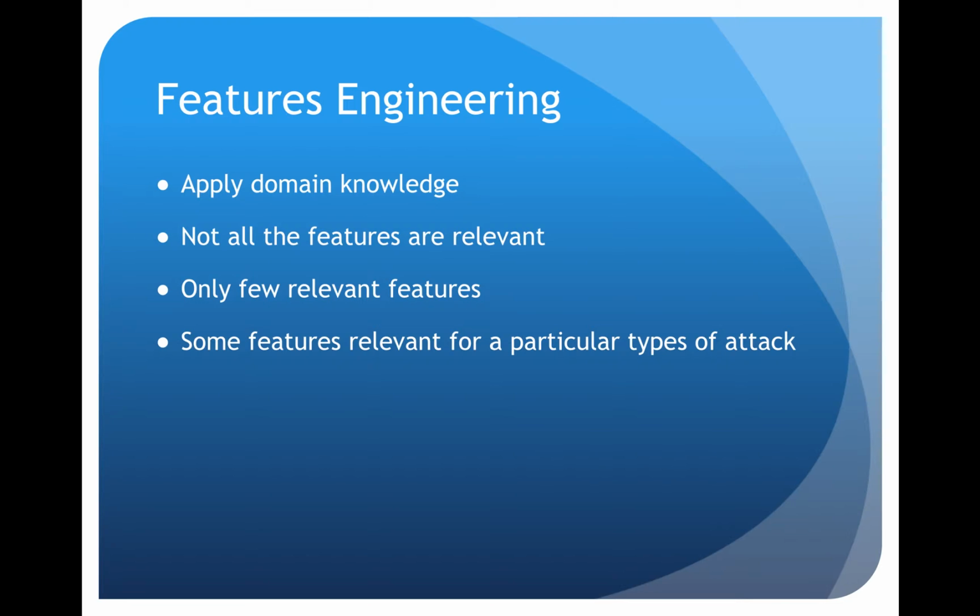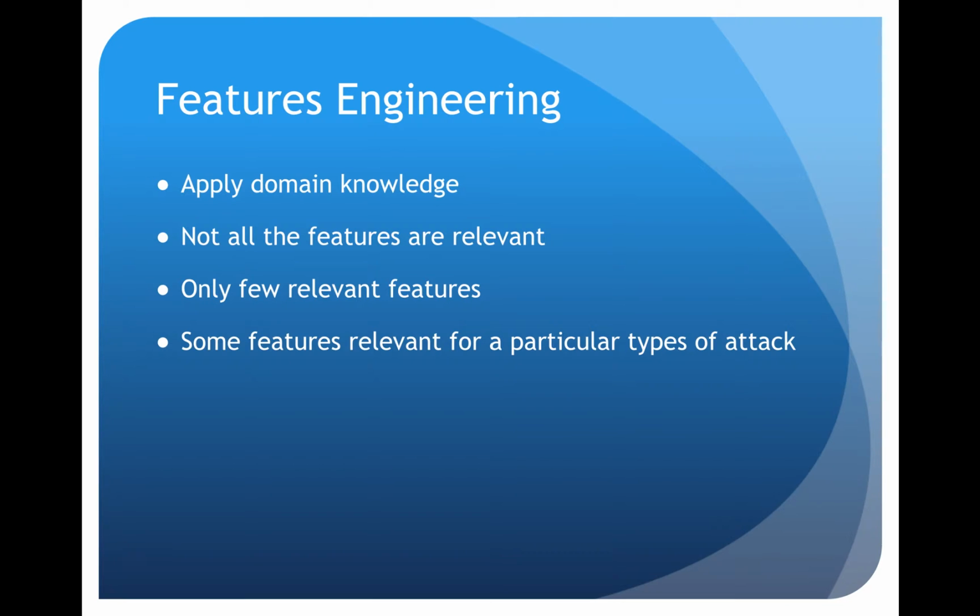Okay, now the next problem was that not all the features were relevant. So we have to do some feature engineering. We can apply domain knowledge. For example, if it's a DOS attack, we know that the protocol type is probably going to be ICMP.